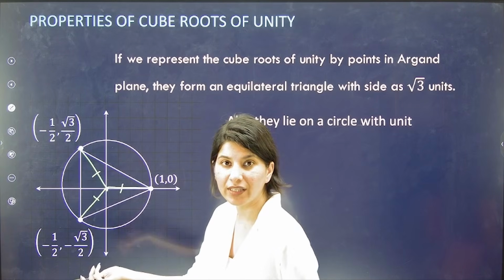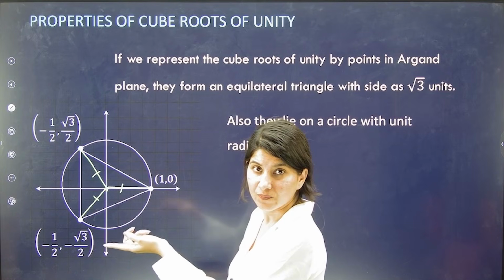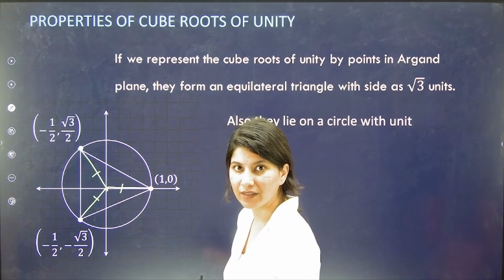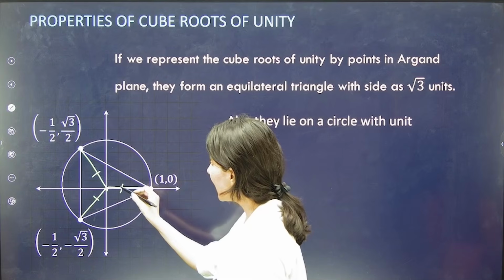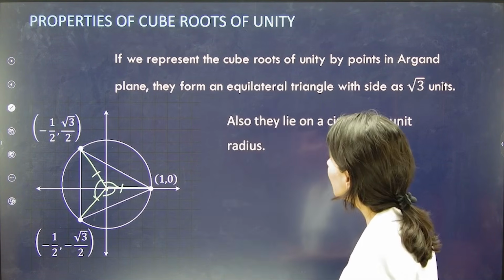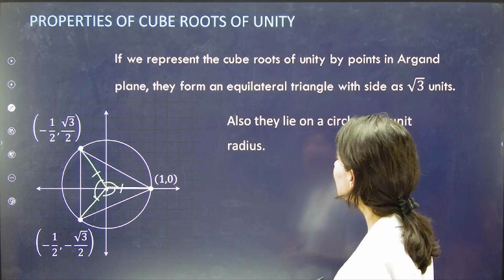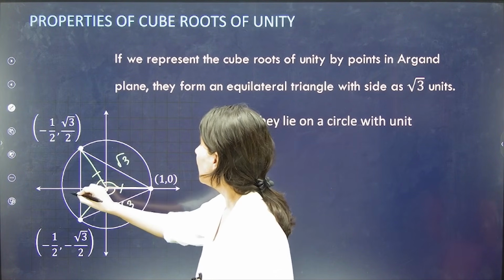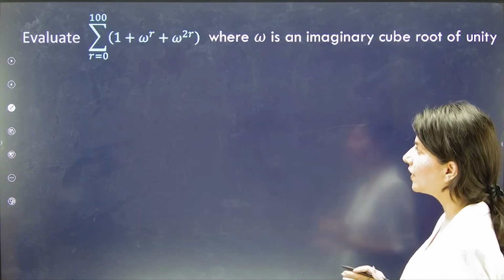So it is representing the radius of this circle, whose radius is 1, obviously. The angle between these 3 radii is 120 degree. So if we represent cube roots of unity by points in the Argand plane, they form an equilateral triangle. The side of this equilateral triangle will be root 3, and they also lie on a circle with unit radius.